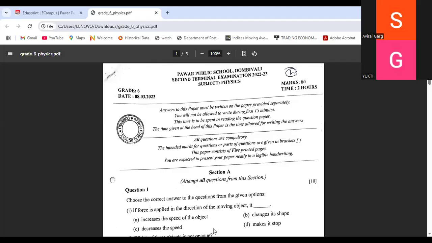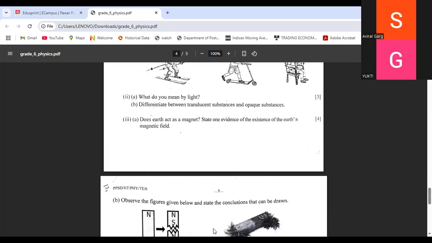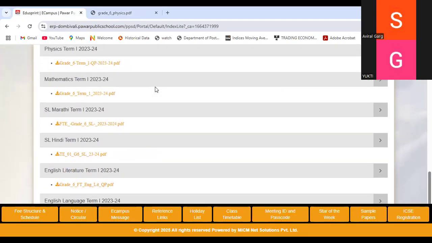Okay. So I will share the screen and start solving the questions. Okay. So this is the second term paper. Wait. First term now. Wait. Physics term 2.